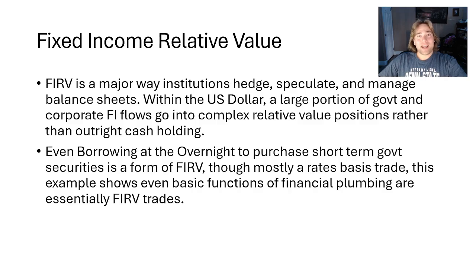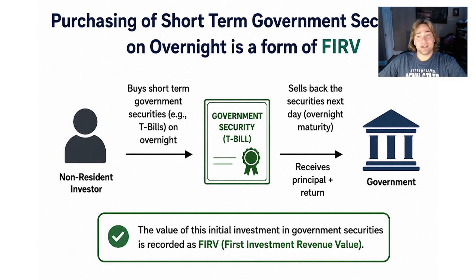One cool thing to point out is a lot of repo, what the secured overnight rate is, emerges from fixed income relative value trading, because it's not just matching duration or hedging convexity. It can be almost pure financial speculation. Right here, this is kind of overviewing it.